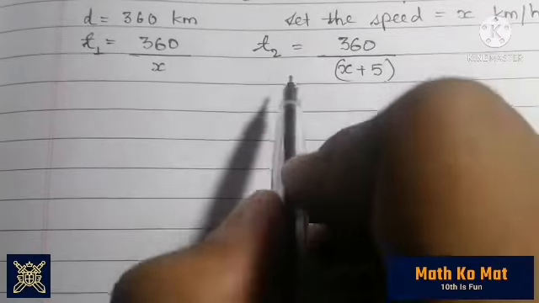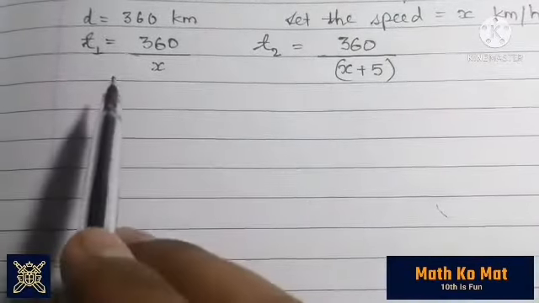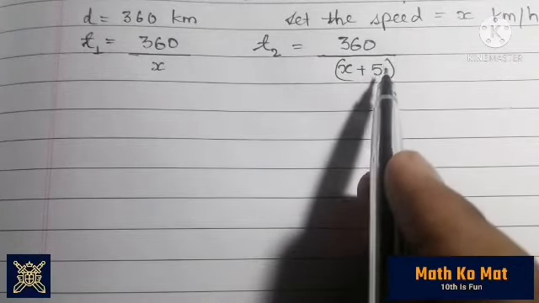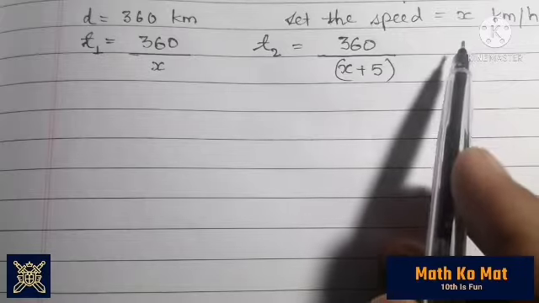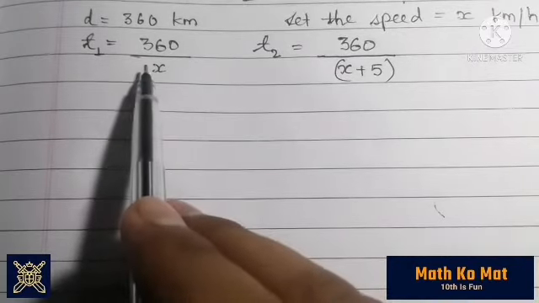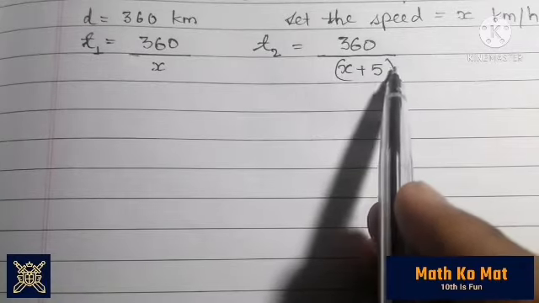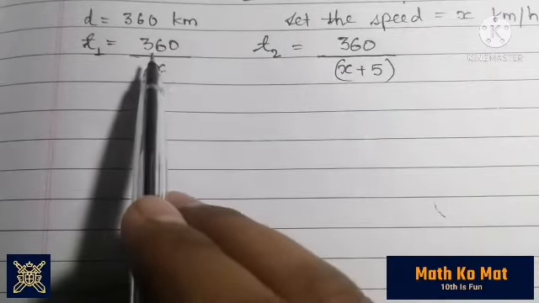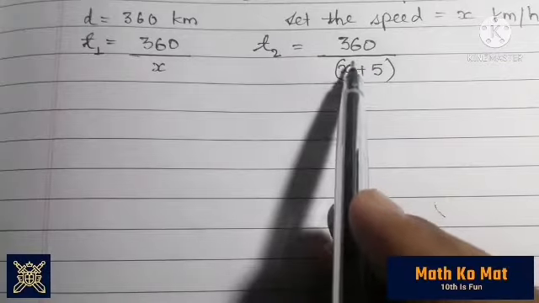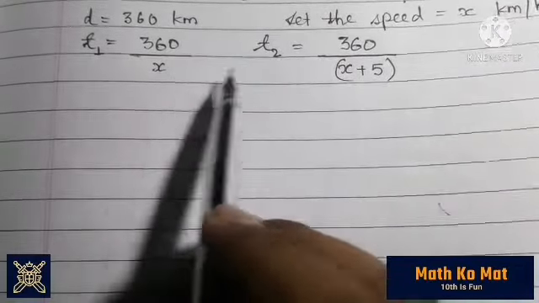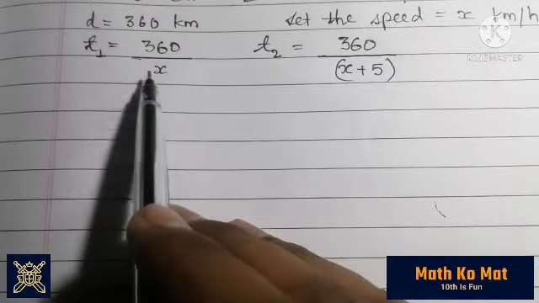Now it's given that if you travel at a speed that is 5 kilometers per hour more, you save 1 hour. This means if this would have taken 5 hours, traveling at the higher speed would have taken 4 hours. So we can subtract the second time from the first time, since time 1 is greater, because more the speed, less the time; less the speed, more the time.